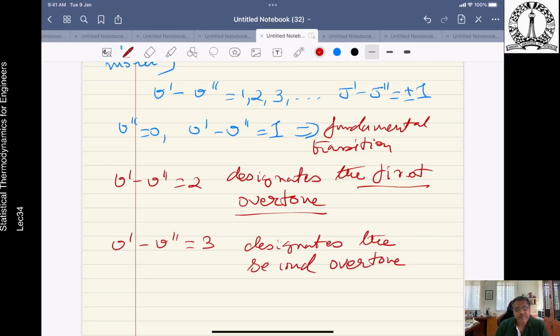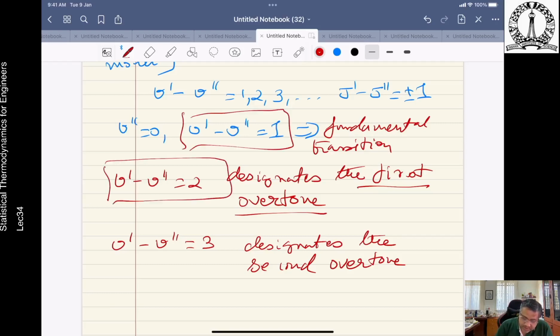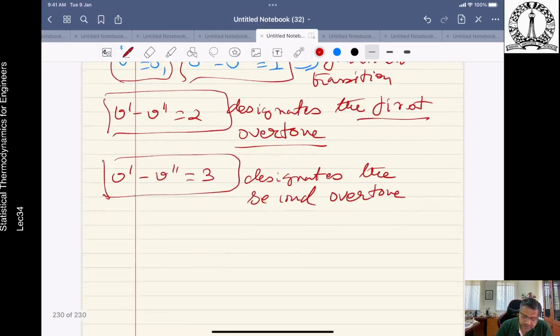So you can see that one is a fundamental transition, and these are what we call the first and second overtones for V double prime equal to 0.